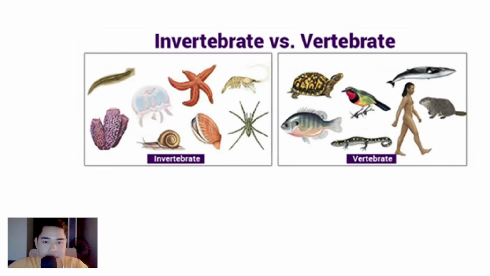Animals are classified into two major classifications. We have the vertebrates and invertebrates. Vertebrates are those creatures with a skeletal system or vertebra. On the other hand, we have the invertebrates, which do not have these characteristics.